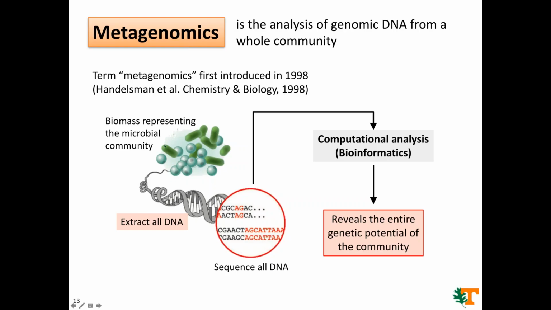So you take the DNA from the community, basically your groundwater sample, you collect the biomass, extract all DNA, and you sequence all of this DNA, and then you get many sequence reads. And then you do a computational analysis, bioinformatics. And when you do this right, you get information about the entire genetic potential of the community, all the genes that are there.